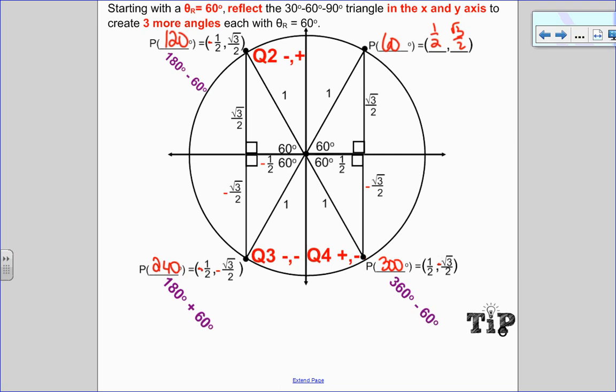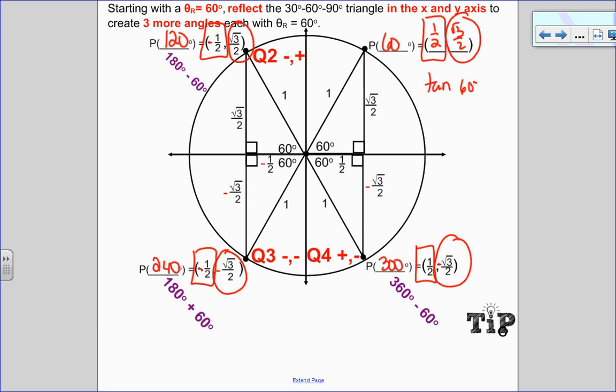Okay. Because we now have 4 points, again, cosine of 60, cosine of 120, cosine of 240, cosine of 300, sine of 60, sine of 120, sine of 240, and sine of 300. Again, tangent is the ratio of the numerators.